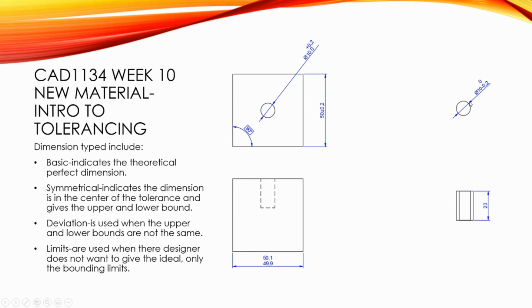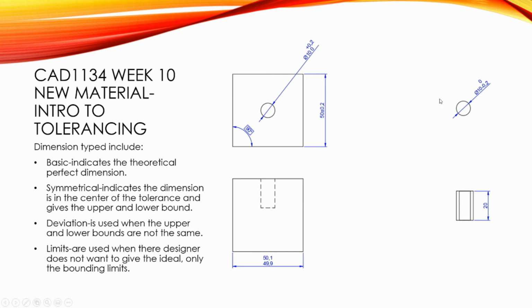What people don't like to see when they're machining these is this 10 millimeter nominal dimension. They really like to see this plus and minus bit. But I don't want to put in the whole nominal 10.1 because somebody will go off looking for a 10.1 millimeter drill.